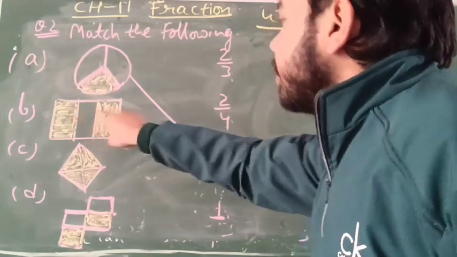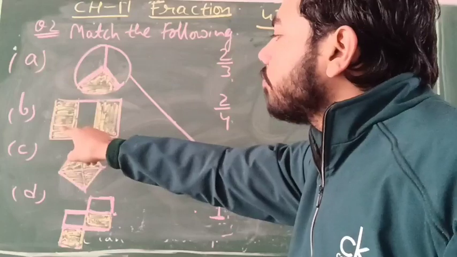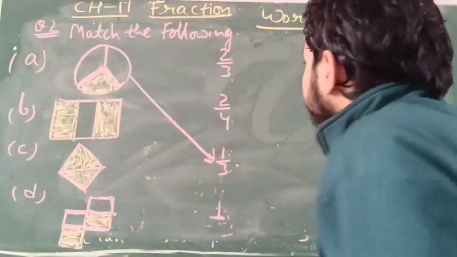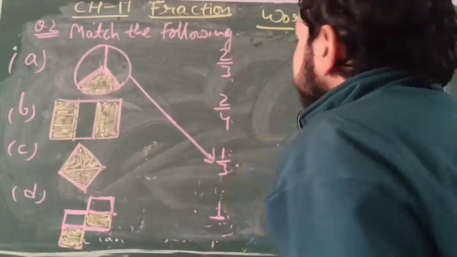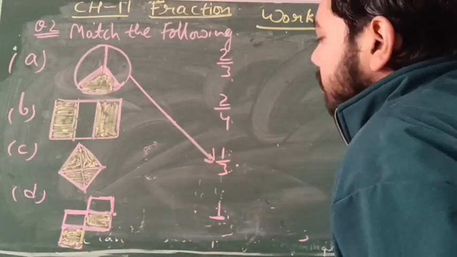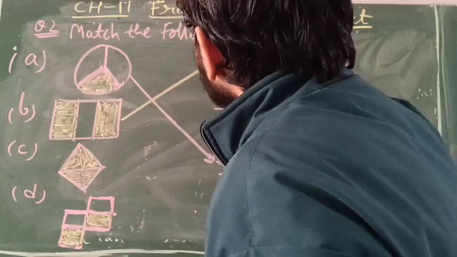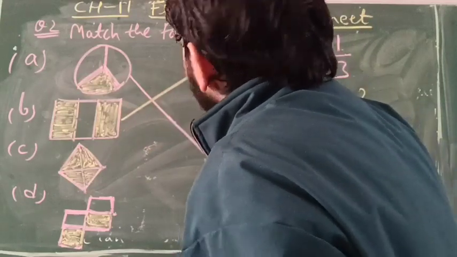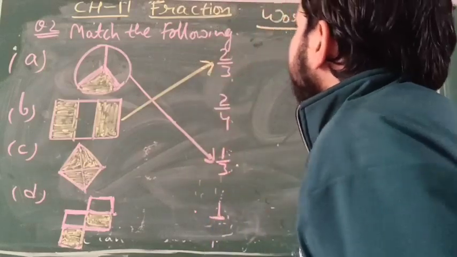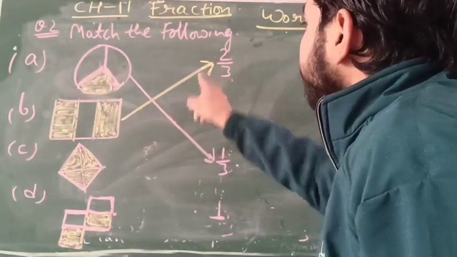So here the denominator must be 3, and out of that 2 parts are colored. It means the numerator must be 2. So this figure is representing 2 by 3. So you have to match it with that fraction. 2 by 3 is the correct option for that figure.